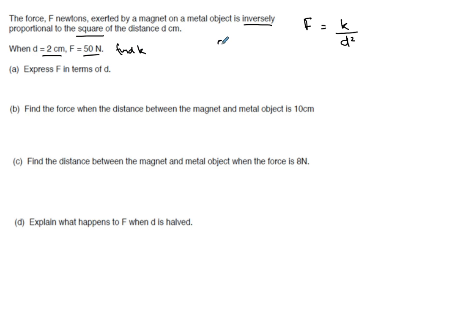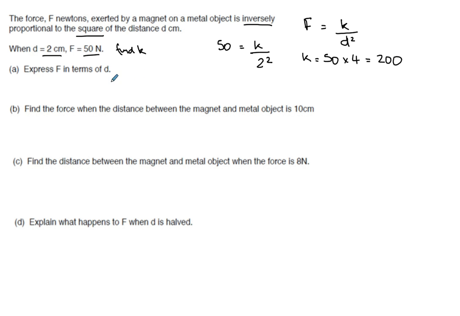So that means 50 equals k over 2 squared. And if you remember my Faz format of 3 equals 6 divided by 2, k will be that times that. So k equals 50 times 2 squared, which is 4, so that would be 200.